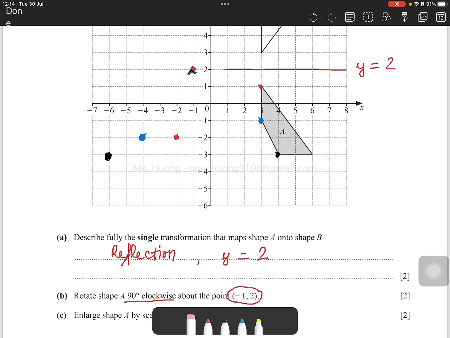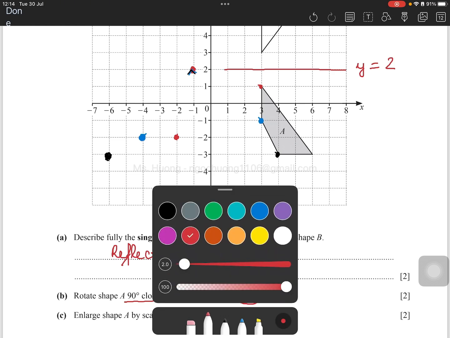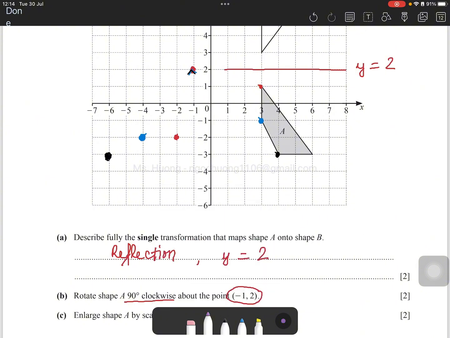And finally, let's say I'll use a purple color for the last vertex, this one.